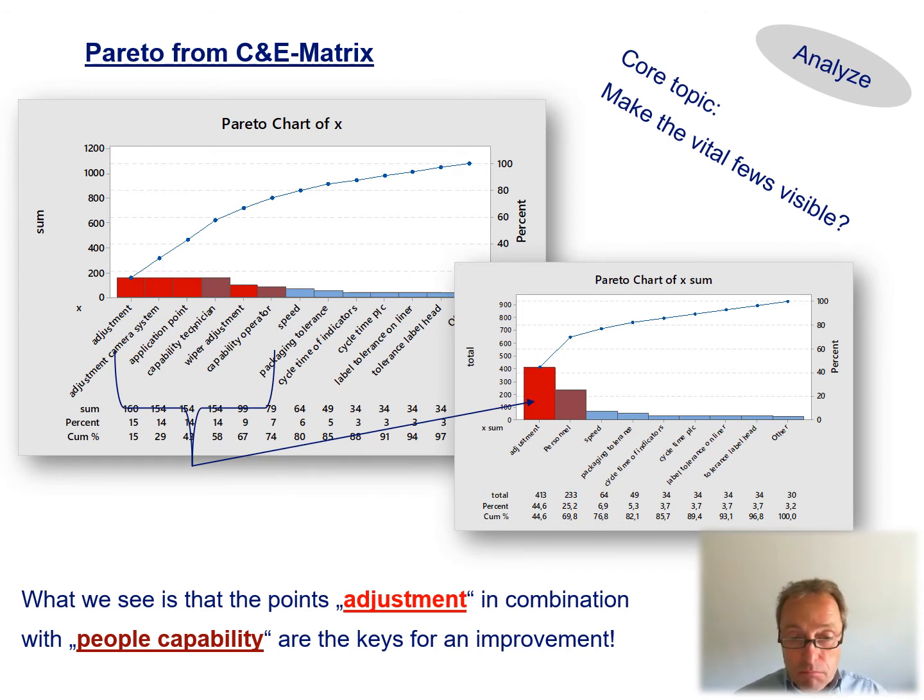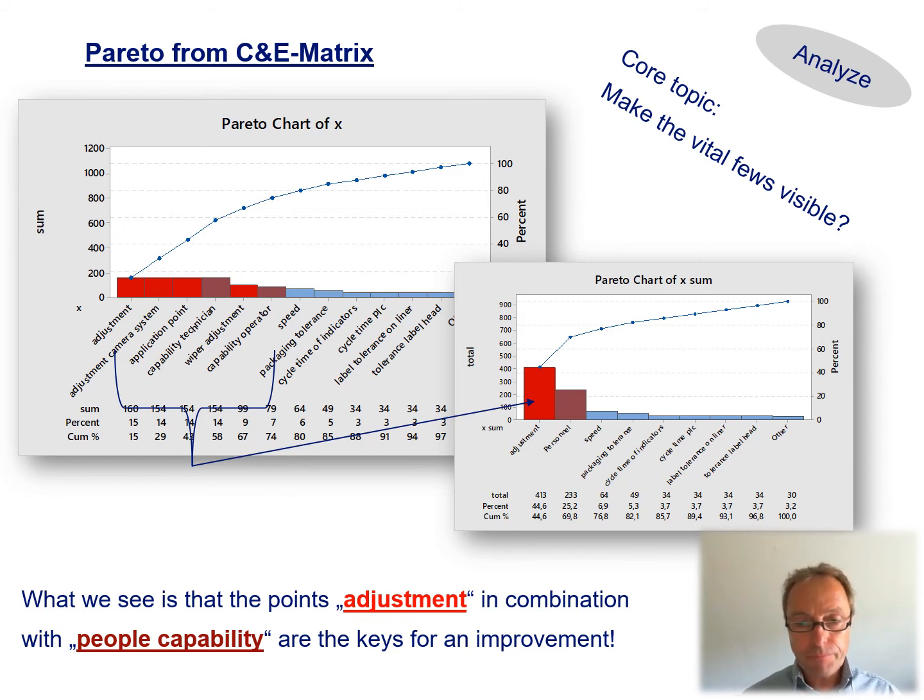When you summarize and cluster this a little deeper, you see in the Pareto that the adjustment and the people, meaning the knowledge of the technicians and the operators, are the drivers for a good result in the labeling process. The cycle time of the PLC also has a small influence, but it is not the driver, and it's not the first thing we have to take care about.